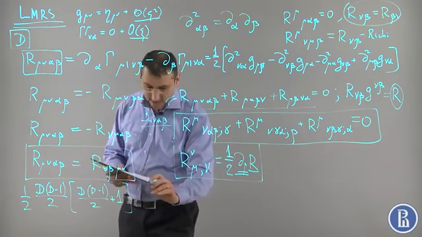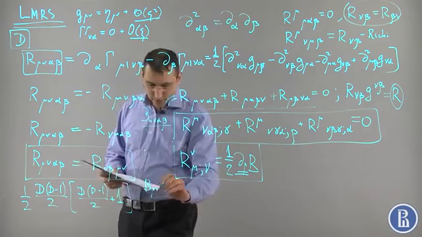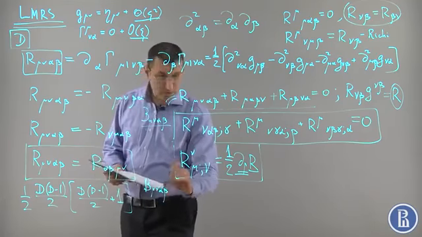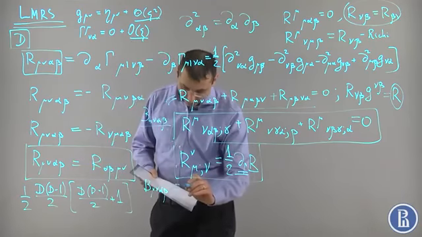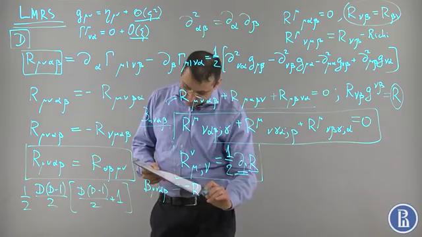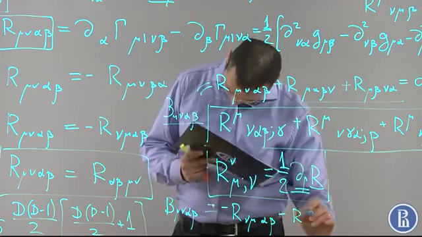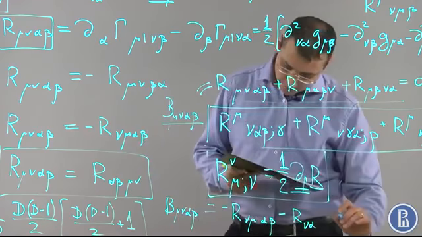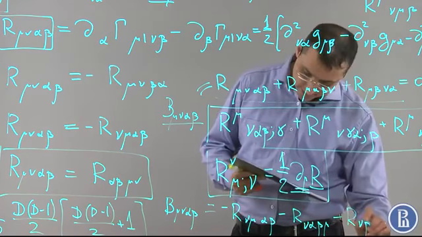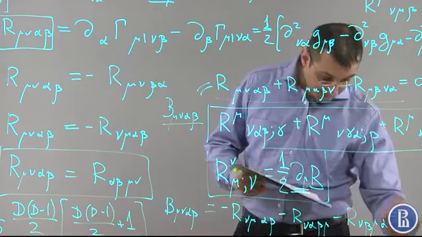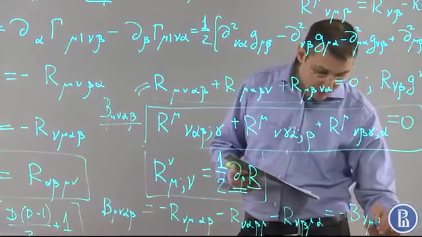So it's not hard to see that B mu nu alpha beta, which is by definition this quantity, is equal, after exchange of the indices, to R nu mu alpha beta minus R nu alpha beta mu minus R nu beta mu alpha, and it is equal to minus B nu mu alpha beta.